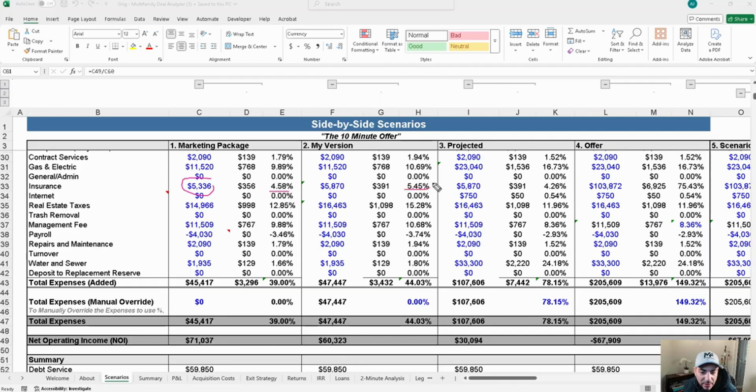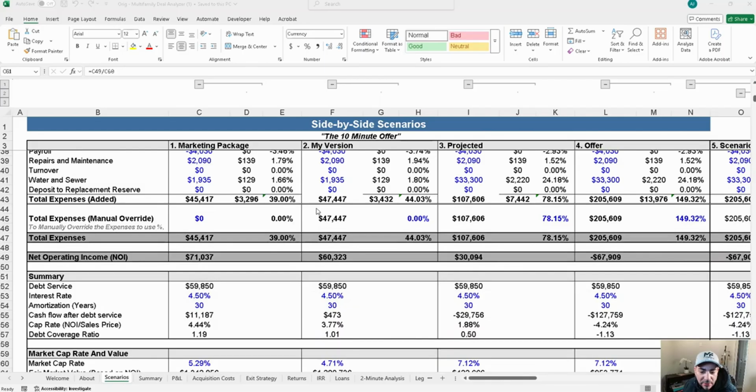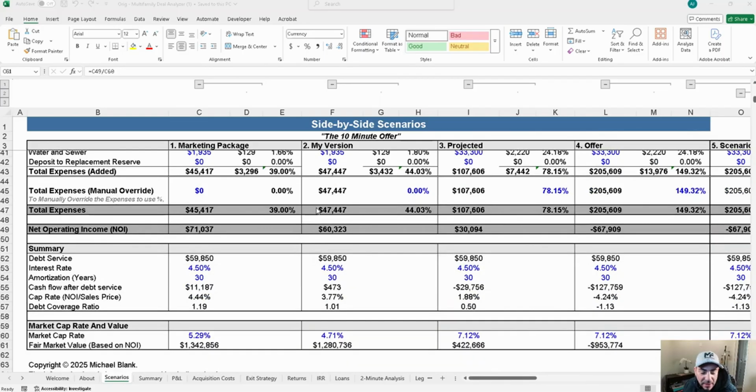So I increased it a little bit. Why? Because insurance always increases in value. And the same for real estate taxes, which I increased a little bit, only $1,000 extra. That way I'm projecting that increase if it comes up. However, I don't like the cash flow. The cash flow here is $473.